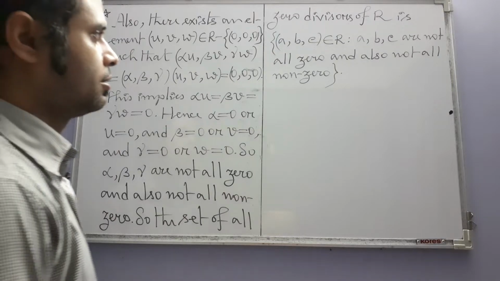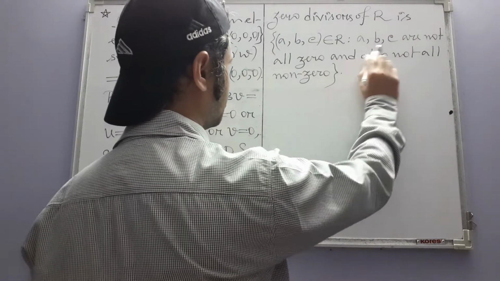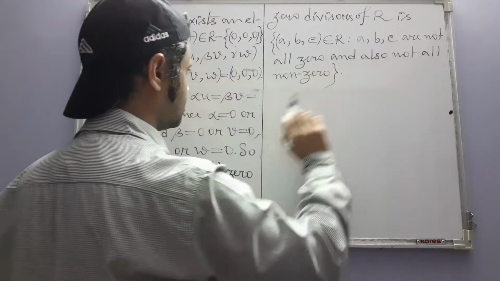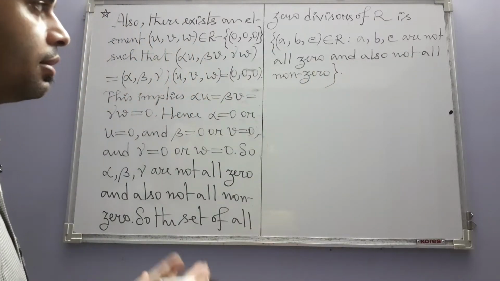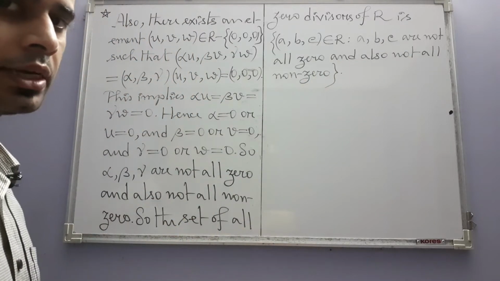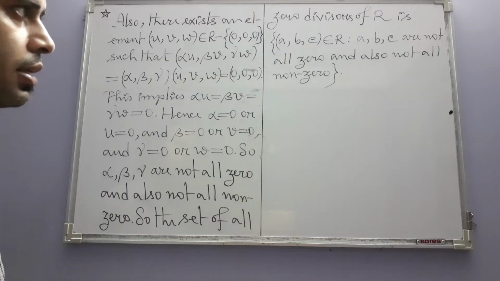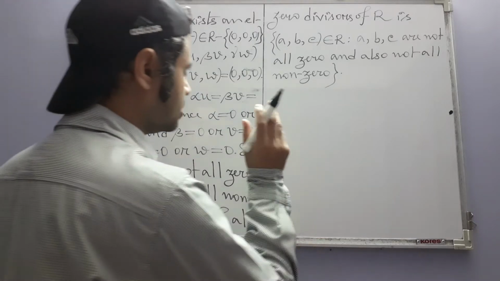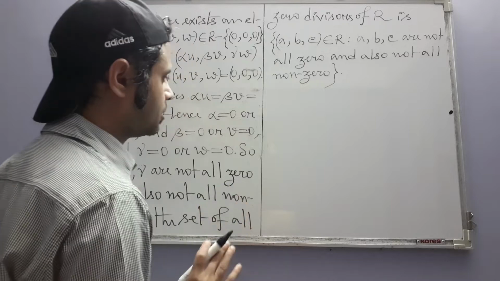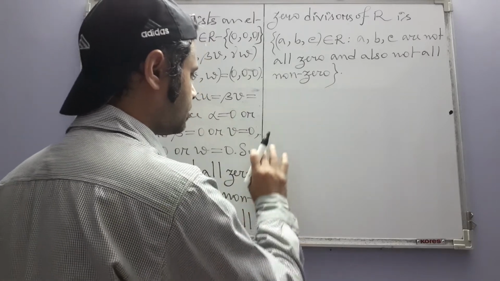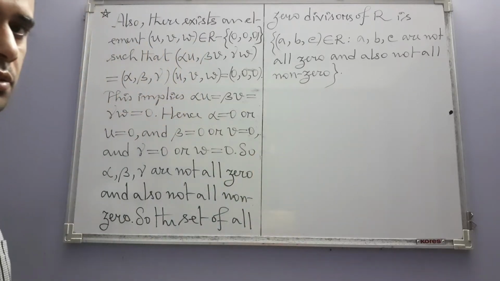I'm sure you can devise some more mathematical way of writing this thing, but sometimes expressing something in plain English is way easier to understand. So this is the set of all zero divisors in our ring. Now next we look at units.